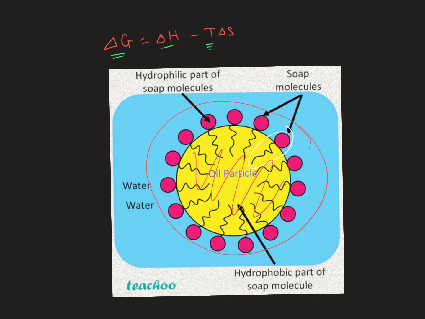So it doesn't dissolve in the water. It dissolves in the soap, and then the soap dissolves in the water, kind of. Does that make sense? But soap is mostly non-polar. That's why when you get soap on your hand, it's a little slippery, right?